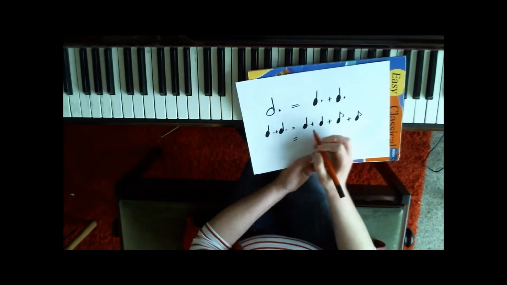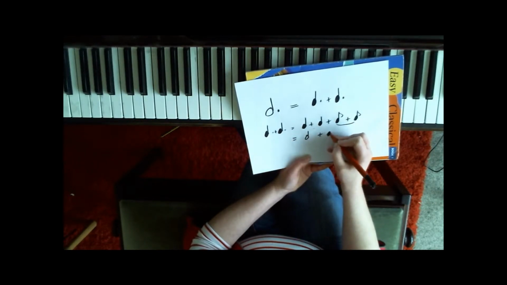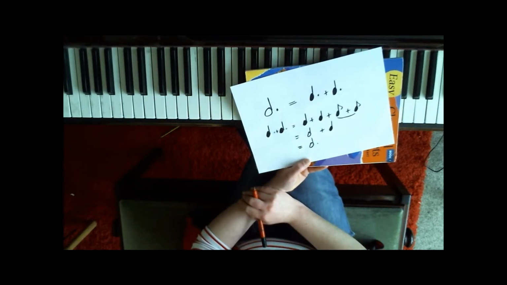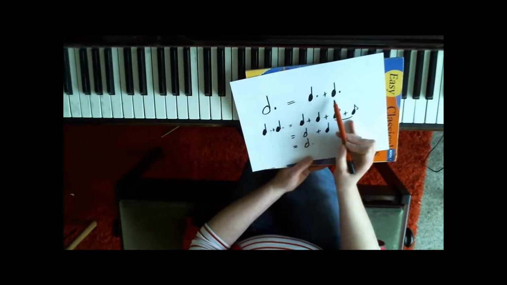So if we add that up, 2 crochets make a minim, 2 quavers make a crochet, and a minim plus a crochet is a dotted minim. Okay, so when you see a dotted minim, it's 1, 2.